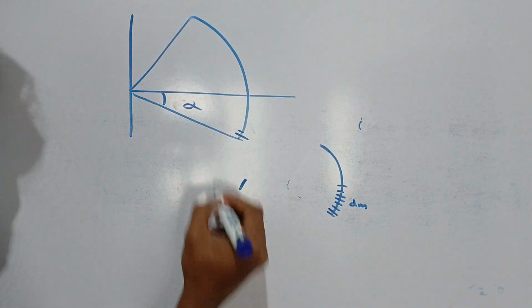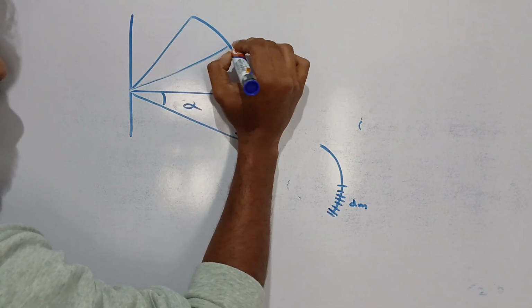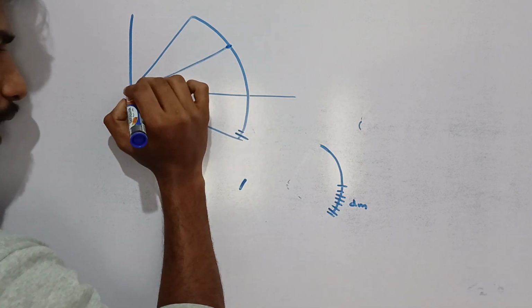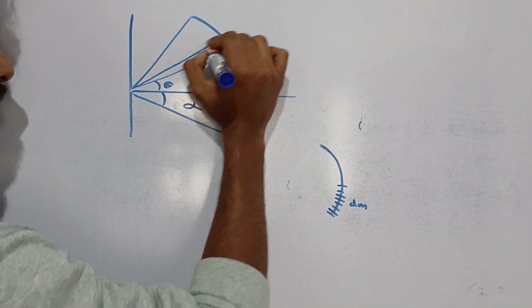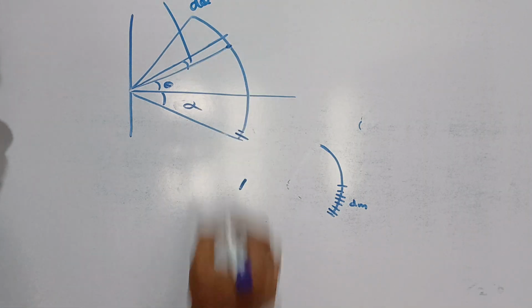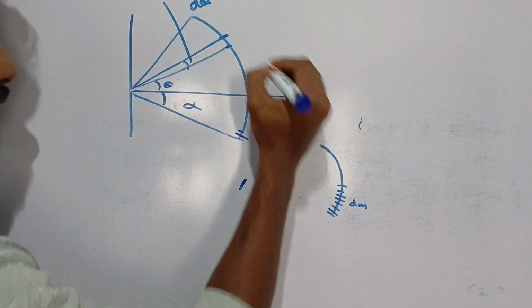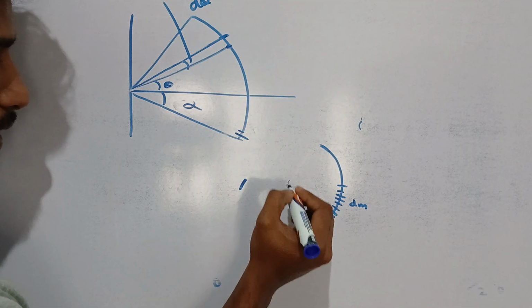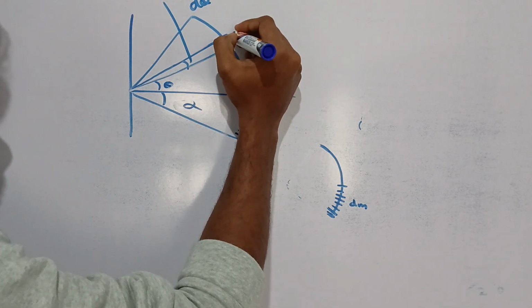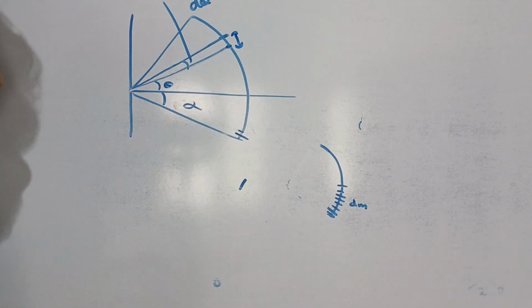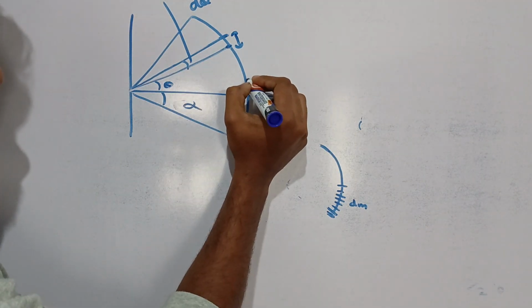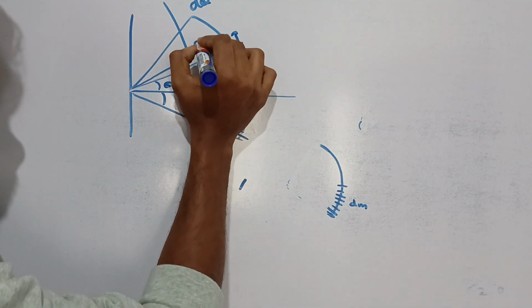For example, let's say at an angle theta there is a rod, starting at a certain point, and after a small angle d theta the other end of the rod is present. It's actually tiny, so for a better view I have zoomed it. This is the actual length of the rod. At each point you touch the end of this arc, it's every time the radius of the arc.